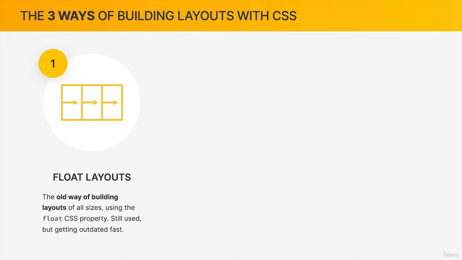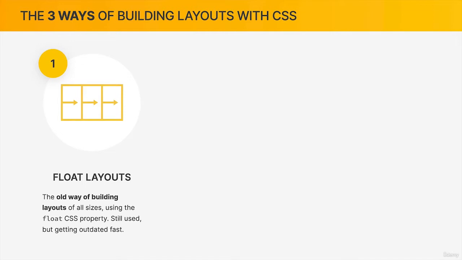These types of layouts are quickly getting replaced by newer technologies such as Flexbox and CSS Grid, but in some cases they are still being used, especially on older websites. So we will still learn how to build float layouts, just so you know how they work in case you ever see one at some point in your career, for example when you're working on an older website.